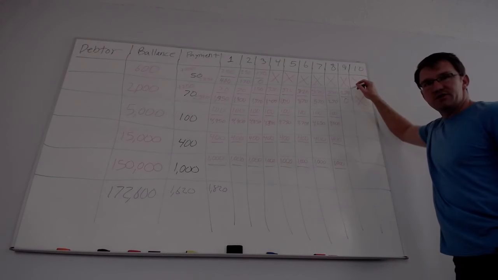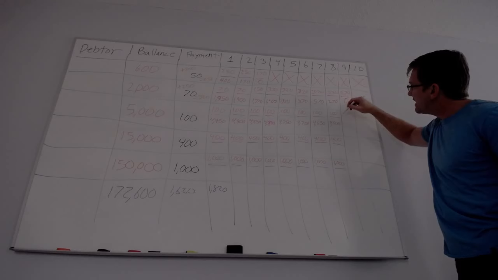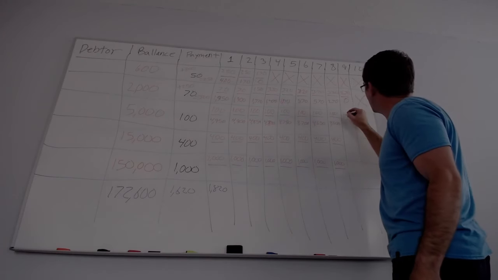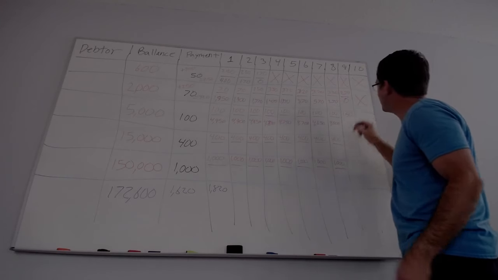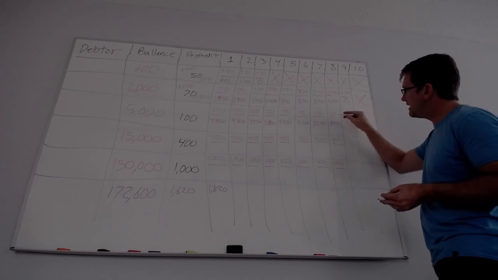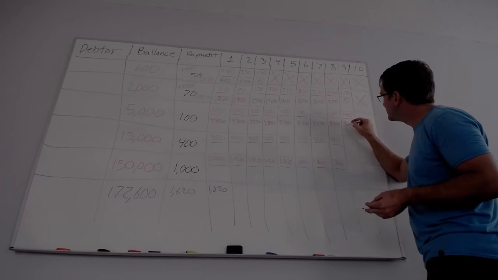Since we only sent in 270 here, we have an extra $50 to add to this month's payment right here. So here we're going to send in 150, which really means 50 of that's going to go to interest, and $100 is going to come off of here. So we're going to knock this down to 400.